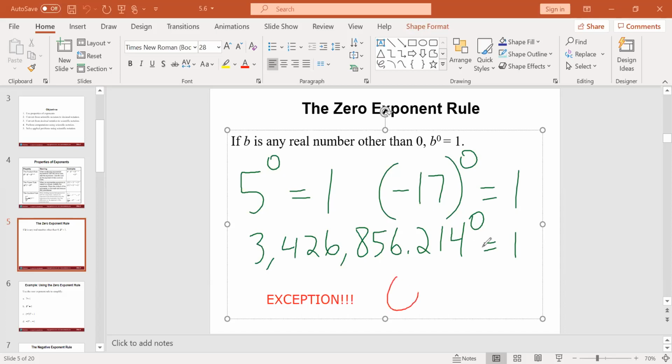If I try to raise 0 to the 0th power, this is undefined. So your exponent base has to be a number other than 0, so that if I raise it to the 0th power, I get 1.